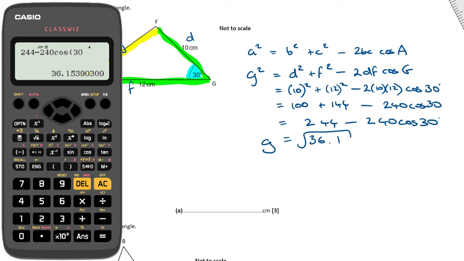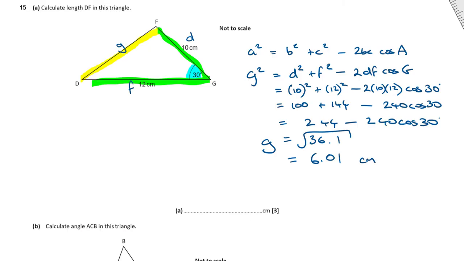G then is going to be the root of that. Okay, but I'm going to keep the full display and root my full display rather than the rounded off one. Root answer 6.01. Okay, I'm just going to round it off to 3 significant figures, 6.01 centimeters to 3 significant figures, 6.01.